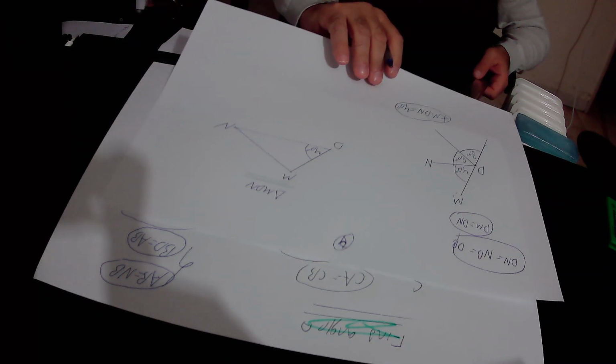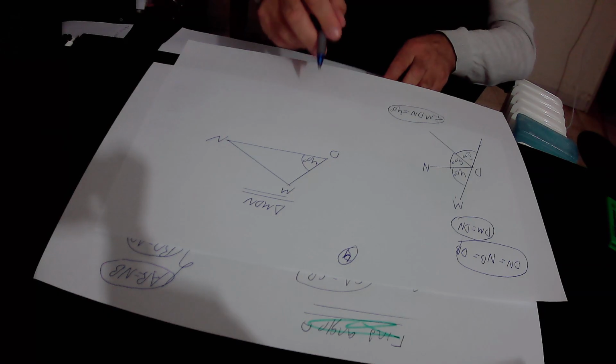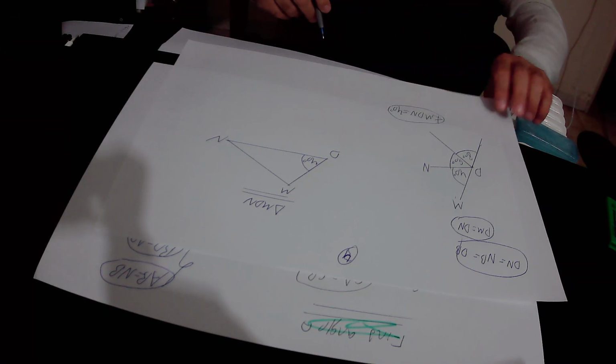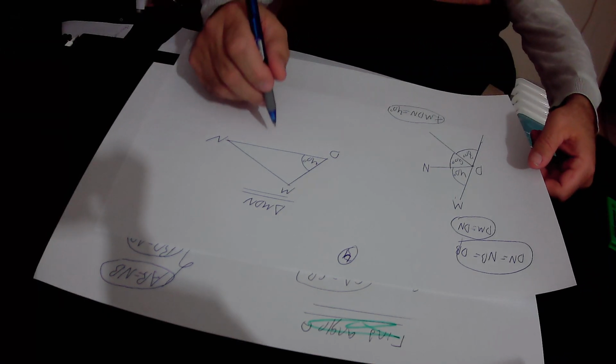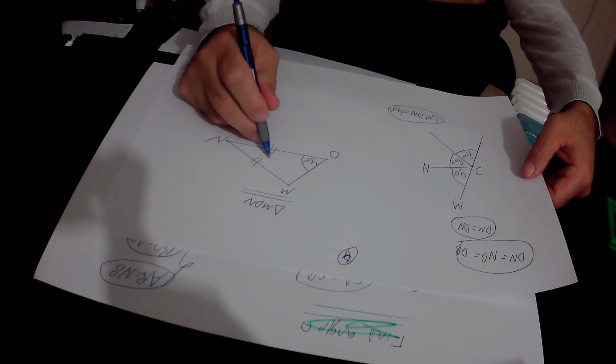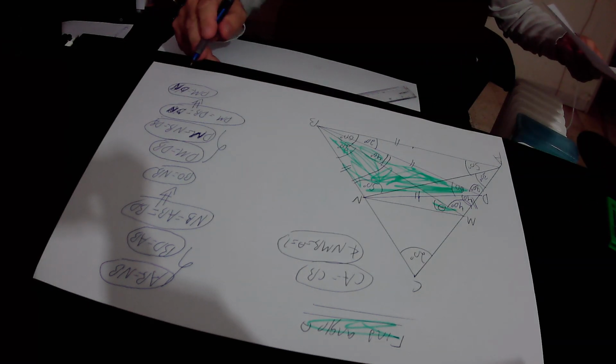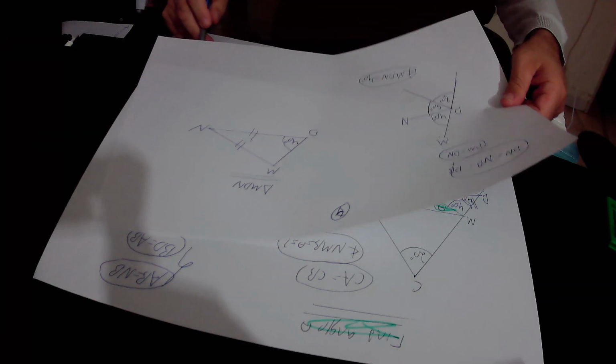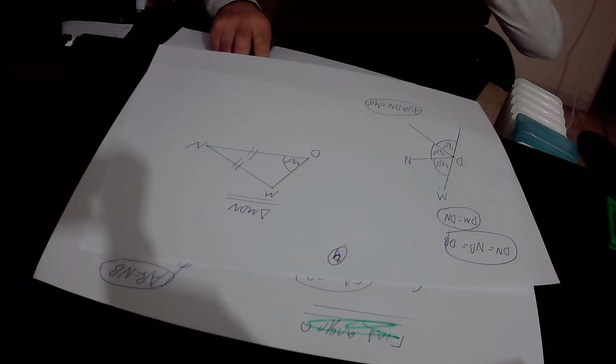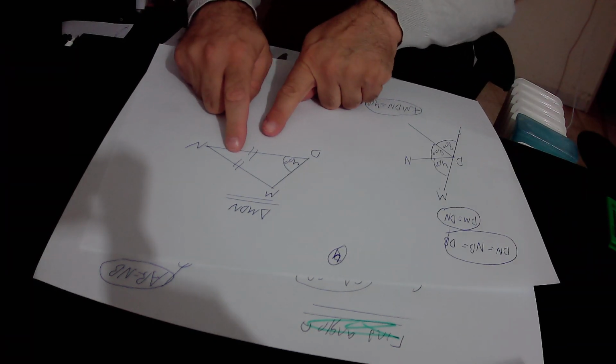This is triangle MDN that I copied from the original drawing. Angle MDN equals 40 degrees. And we already found out that DM equals DN. So in triangle MDN, we have those two sides equal to each other.